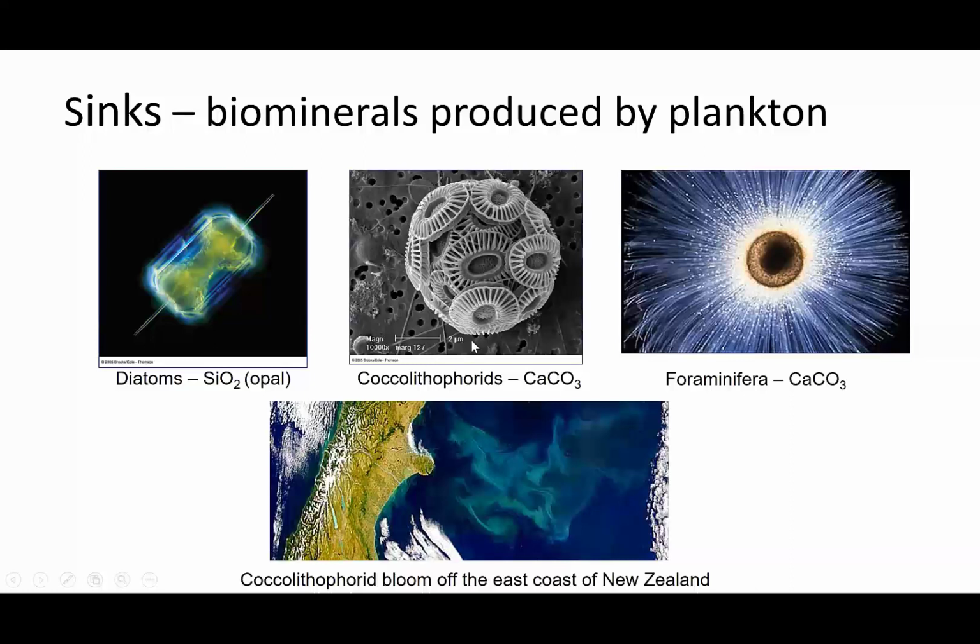Similarly, coccolithophorids, or coccoliths as they're known. These are quite tiny. This is only 2 microns across, or 2 millionths of a millimetre, but don't be fooled by the small size. This is actually a satellite photograph of a coccolith bloom off the east coast of New Zealand, and this bloom would be several hundred kilometres in length and breadth, with simply uncountable numbers of coccoliths making up this bloom.